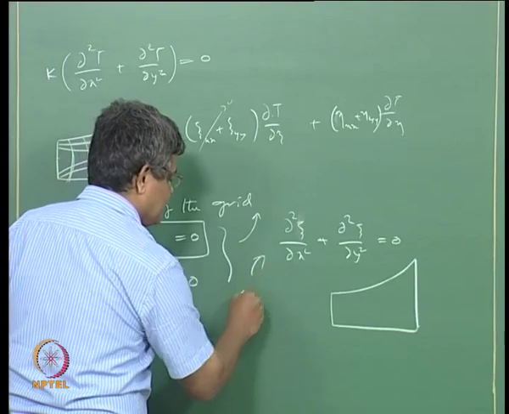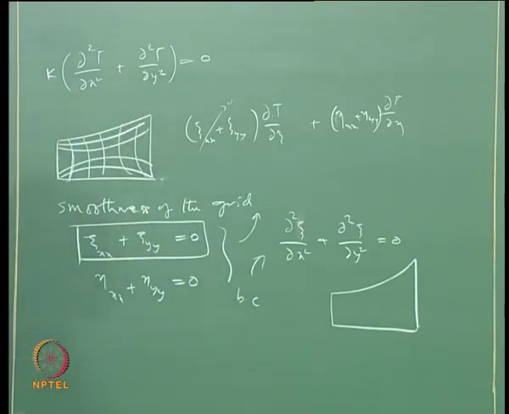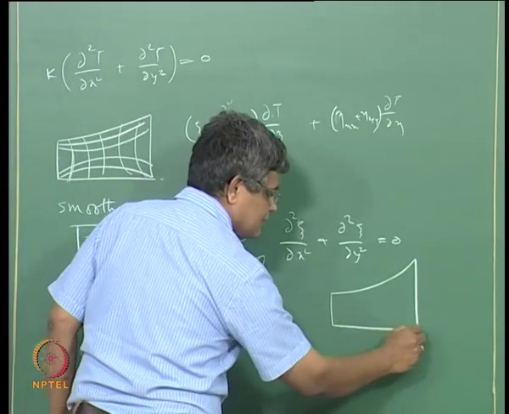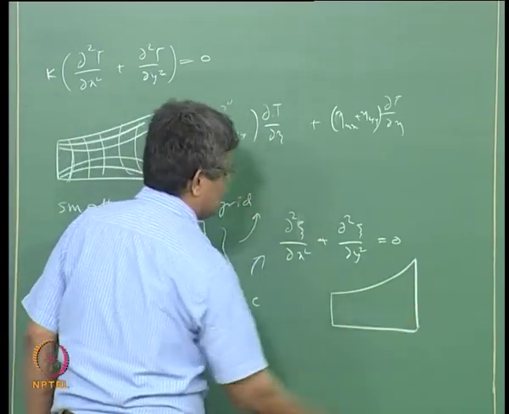We need to have boundary conditions, and what kind of boundary conditions do we want? We want boundary conditions on the enclosed surface, that is on all these lines.